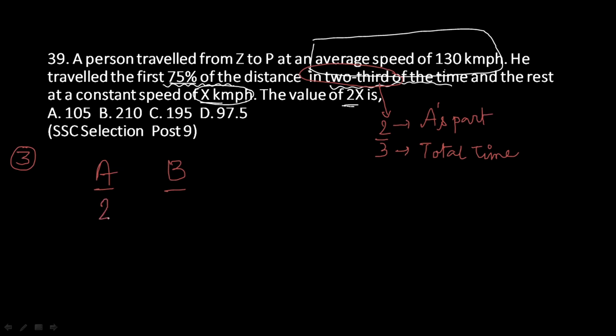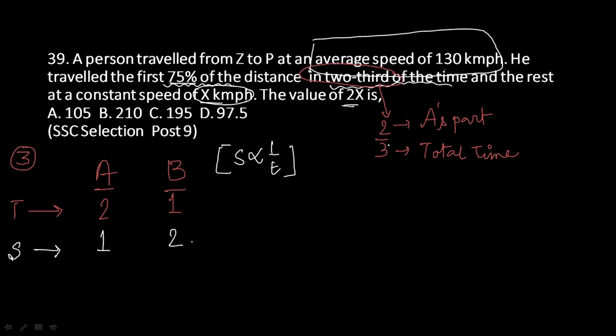So if this is 2, this is 1, that is the ratio of time. So what will the ratio of speed be? We know speed is inversely proportional to time. So the ratio of speed will be 1:2, right?